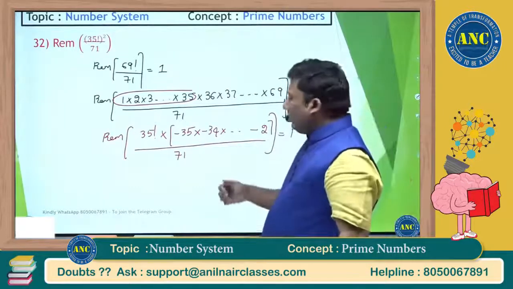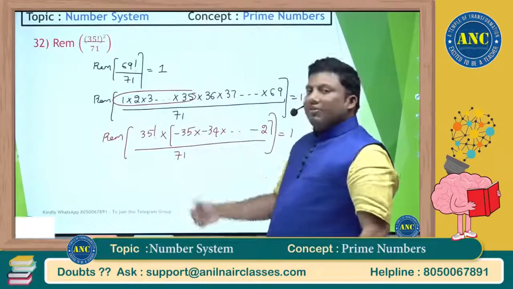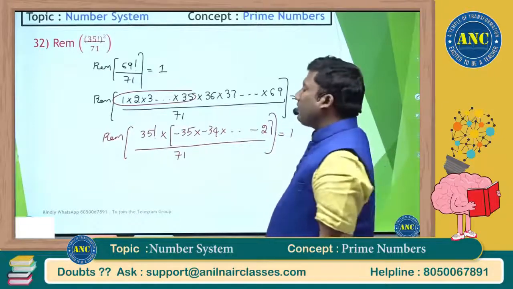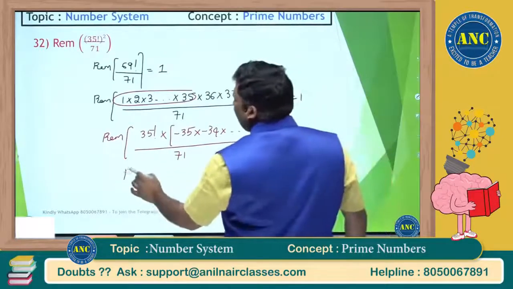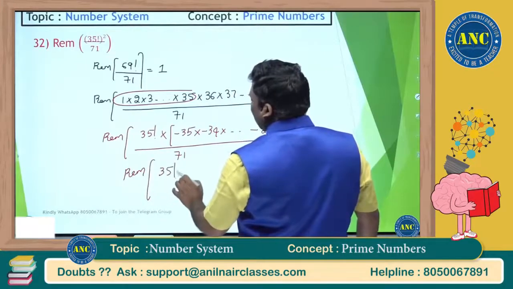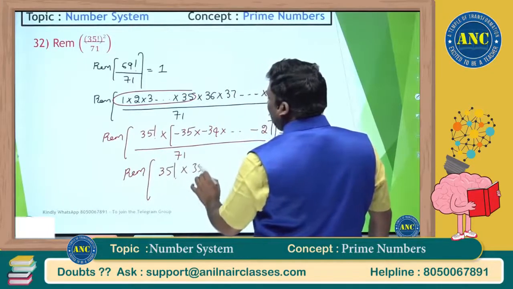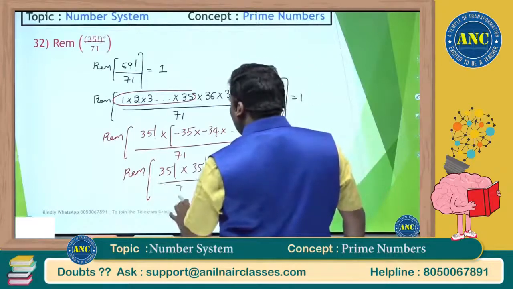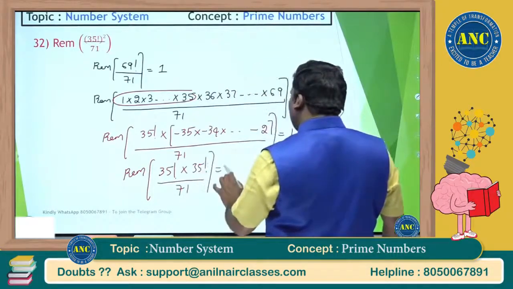From 2 to 35, there are 34 negatives. 34 negatives, if I multiply, I will get a positive. So 35 factorial into 35 factorial divided by 71, it is 1.